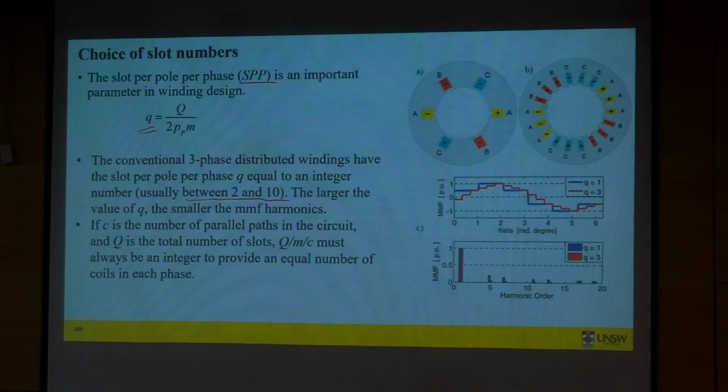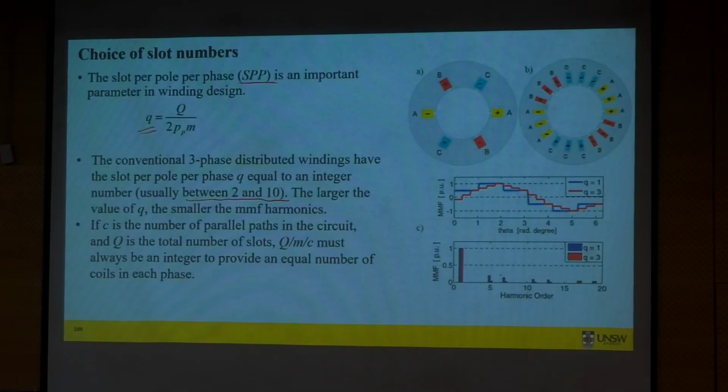So you can see here the MMF waveform when Q is equal to 1 and when Q is equal to 3. The red one is when Q is equal to 3, compared to when Q is equal to 1. You can see how the red one is closer to a sinusoid compared to the blue one. You can also see the harmonic distribution here.